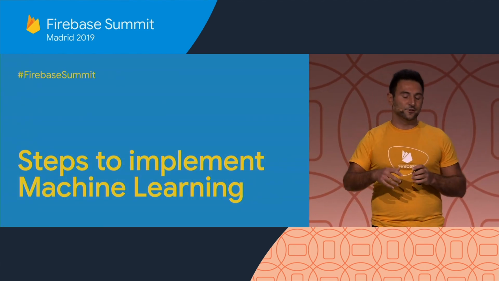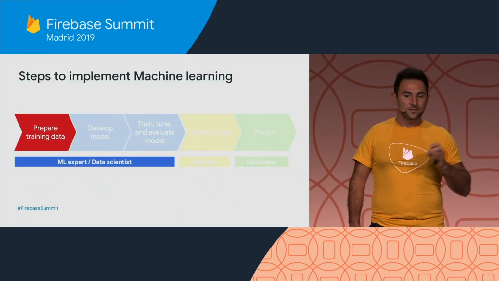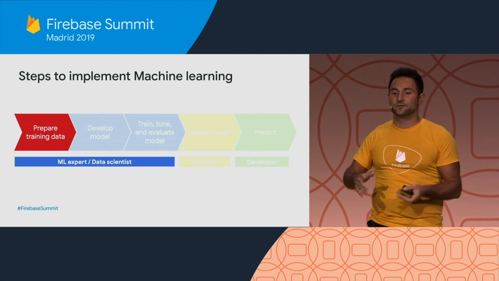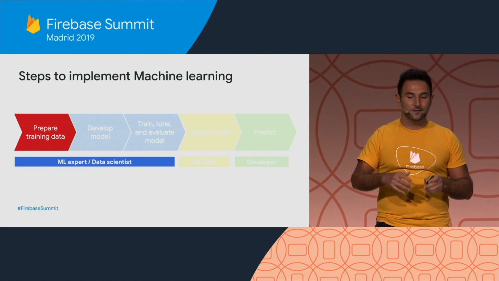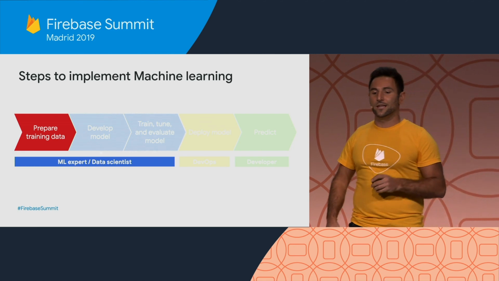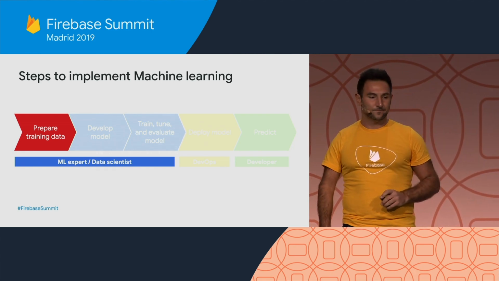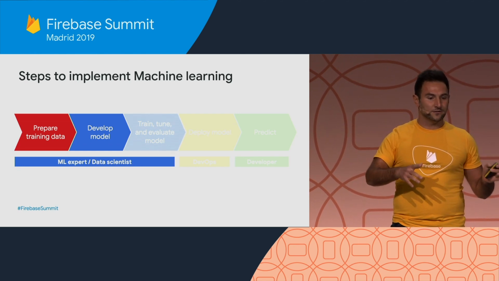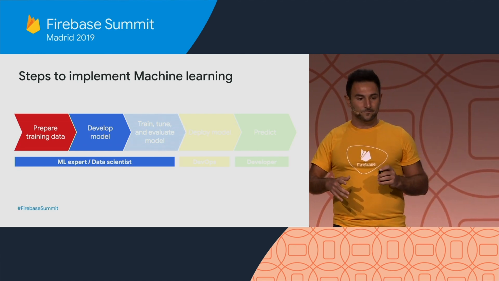So what about the steps to implement machine learning? Historically, this was a big deal, involving ML experts, lots of time, and money. A data scientist would collect a training data set. Usually, ML experts or PhD researchers have to develop the model.